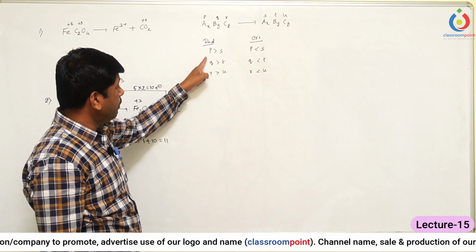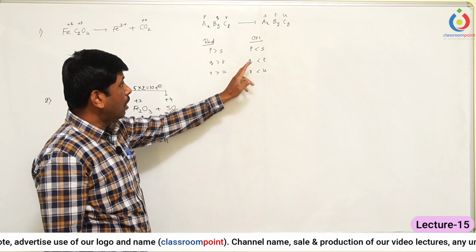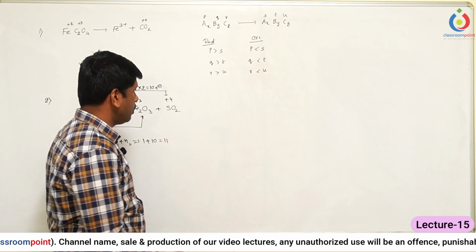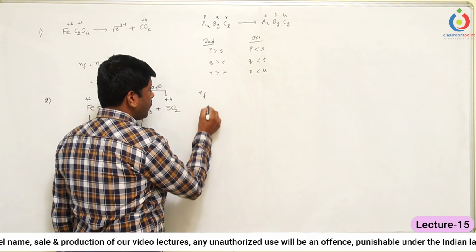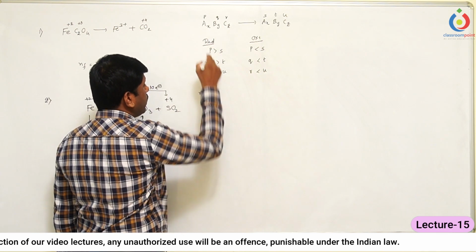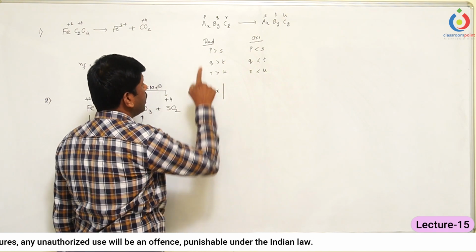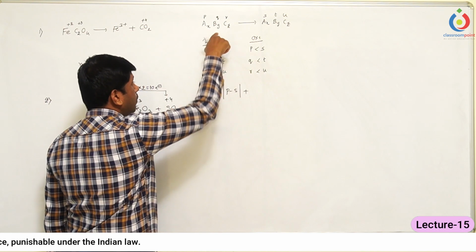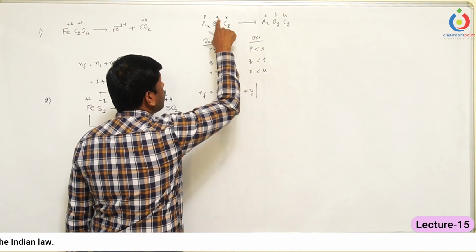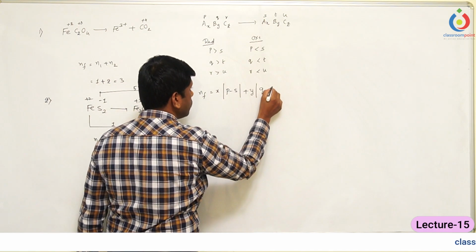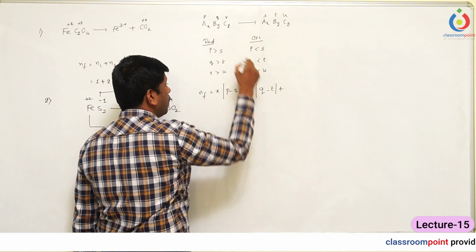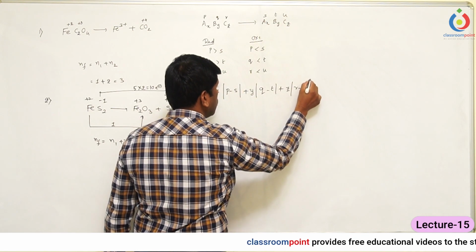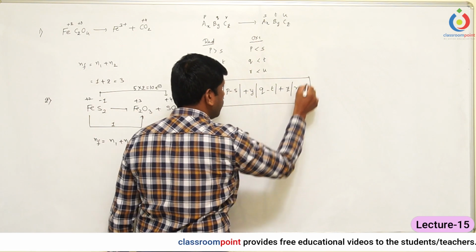That means if all the elements are participating in the reduction or all the elements are participating in the oxidation, you can apply this formula: n factor equals number of A atoms, that is X, into P minus S, plus number of Y atoms, Q minus T, plus number of Z atoms, R minus U. So like this we can calculate the n factor values.